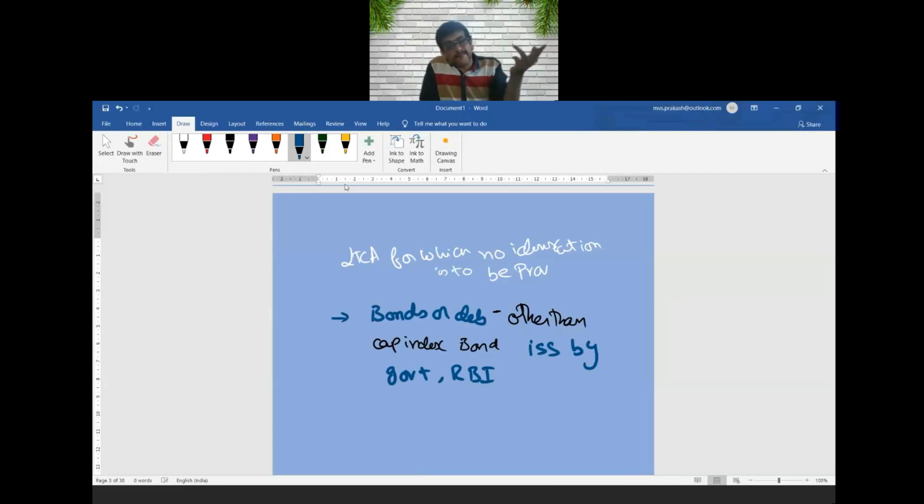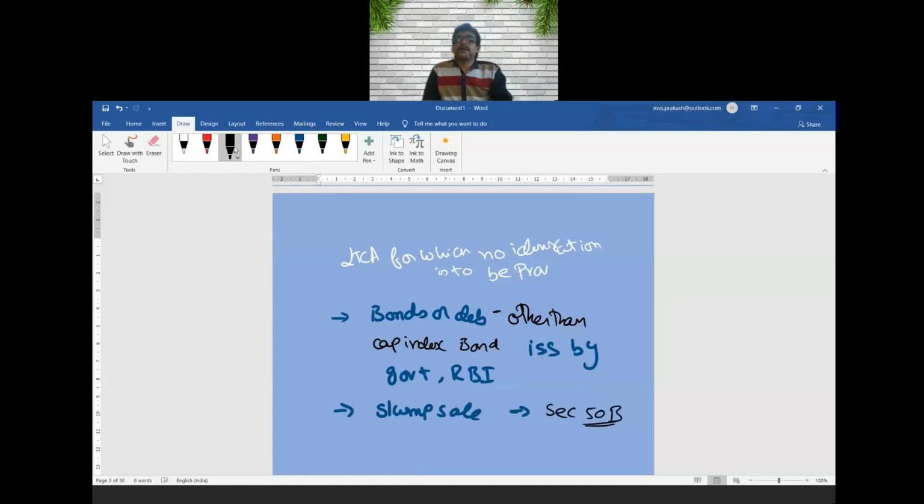If that is a capital indexed bond, you can take the benefit of indexation. అంటే ఈ కేసులో indexation ఇవ్వకూడదు. Then this point we'll discuss in much more detail going forward. There is something called slump sale, which we'll be discussing in detail maybe tomorrow under section 50B.